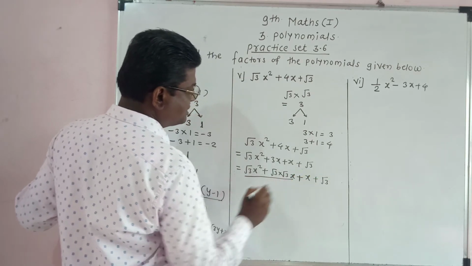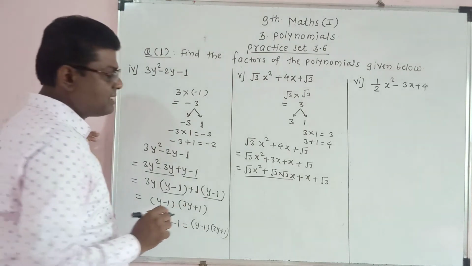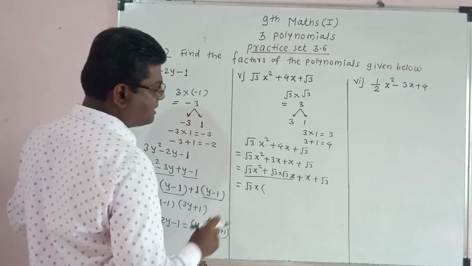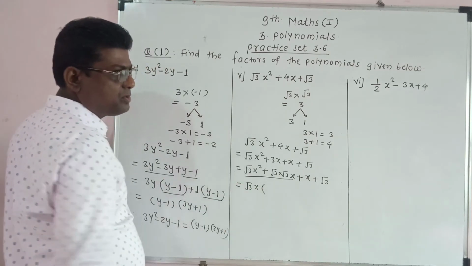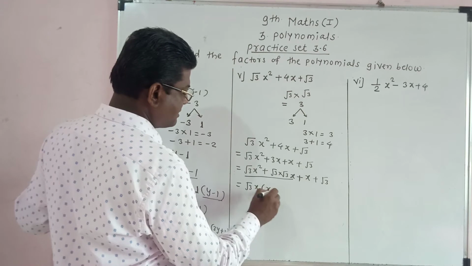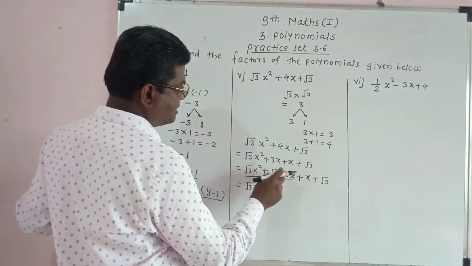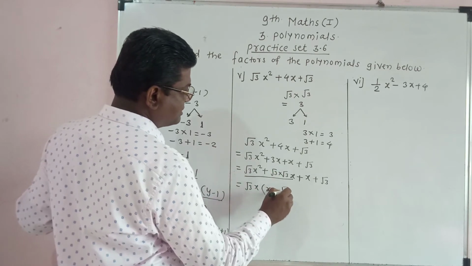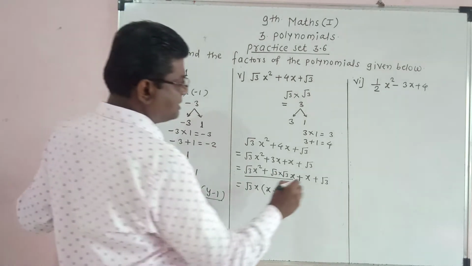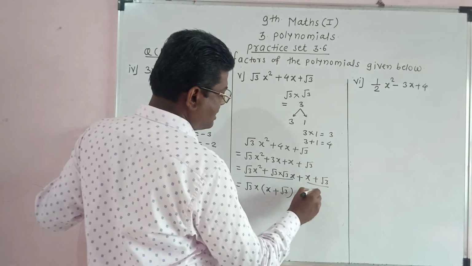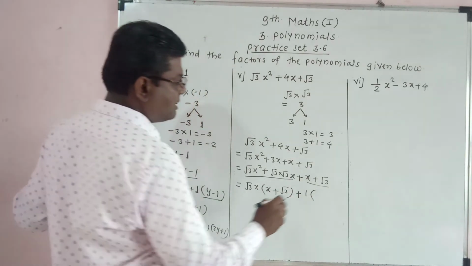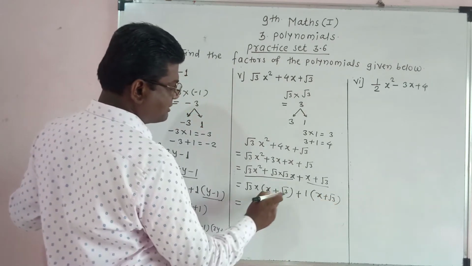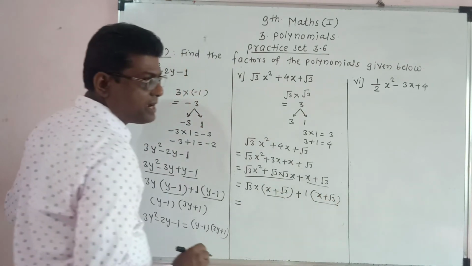Now in these two terms √3x can be taken as common, therefore we write √3x in bracket, √3x² upon √3x, that will be x, plus √3 into √3x upon √3x, that will remain √3 here, plus in these two terms we can take 1 as common, 1 in bracket x + √3. So x + √3 is a common bracket.